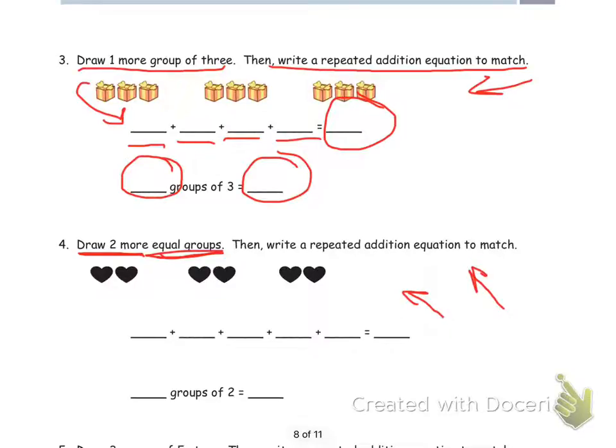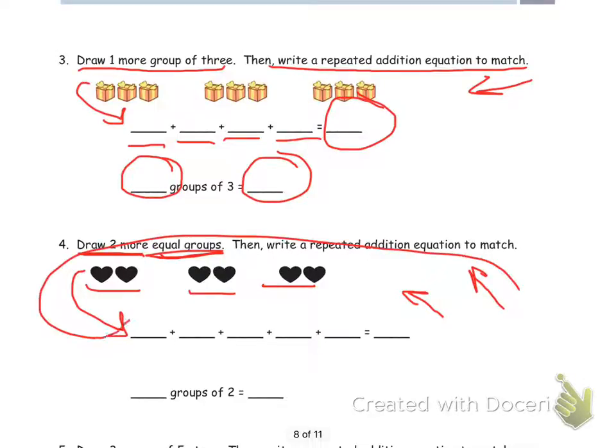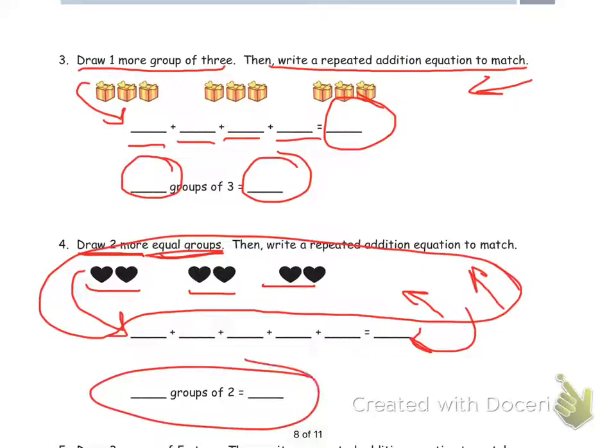And remember that they need to be equal to these groups right here. And then you'll see that you would just take this number, put it right here, then add up everything here, all of the hearts, and put that number in here. And then, of course, don't forget to fill that out.